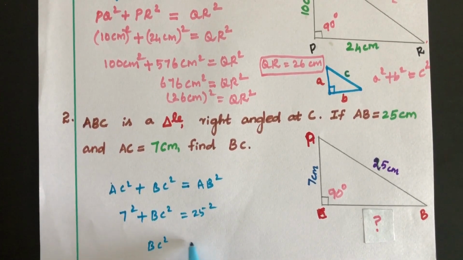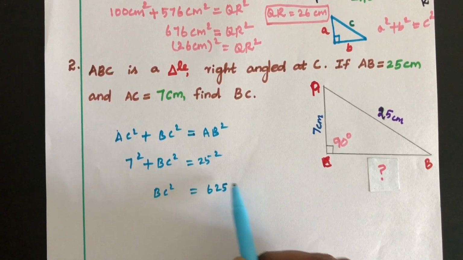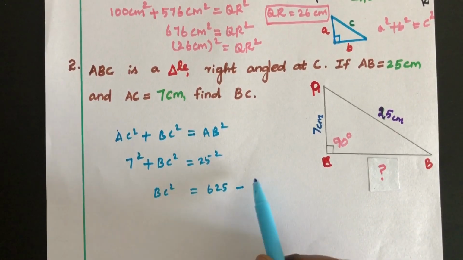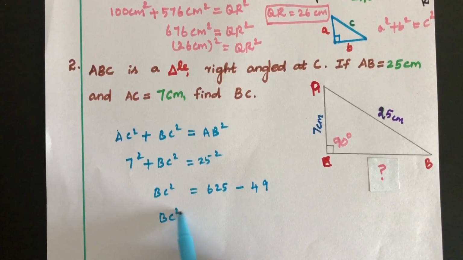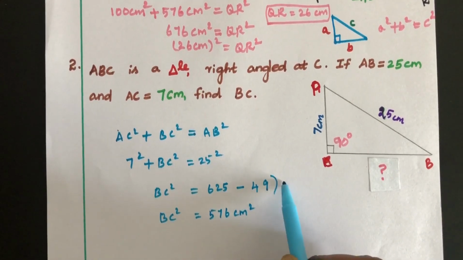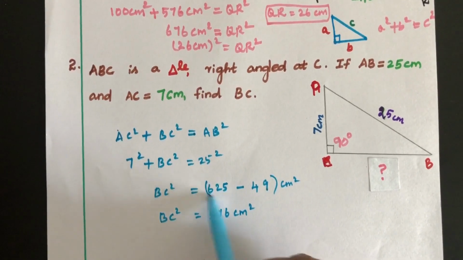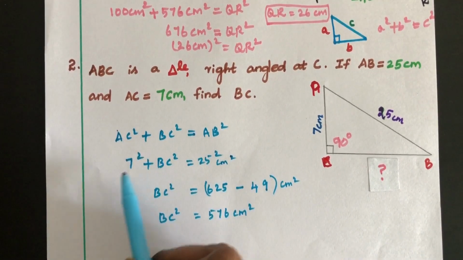BC square is equal to 25 square minus 7 square. What is 25 square? It is 625. 7 square is 49. So BC square is equal to 625 minus 49, which gives us 576 centimeter square. All are centimeter squares, so always we need to write centimeter square.